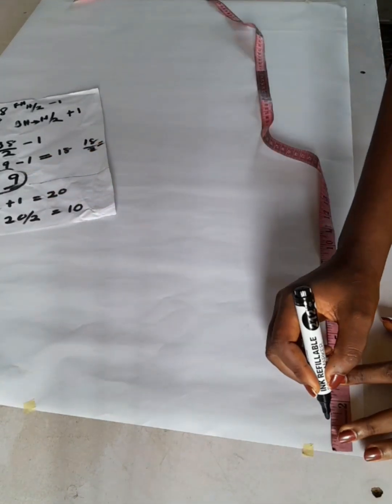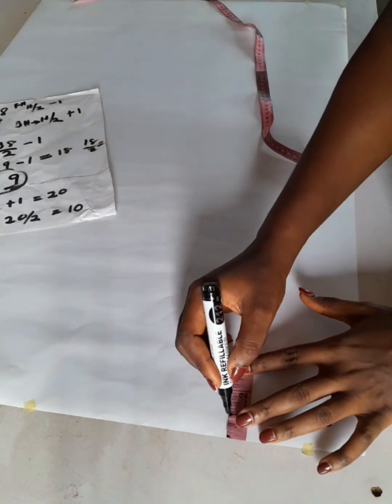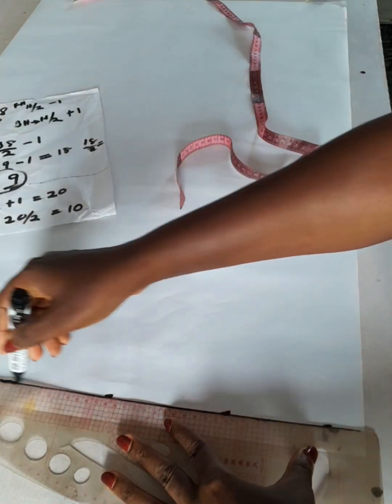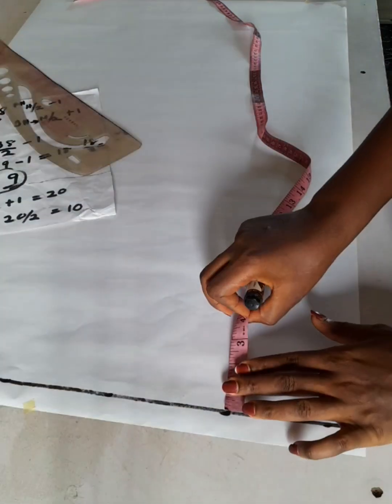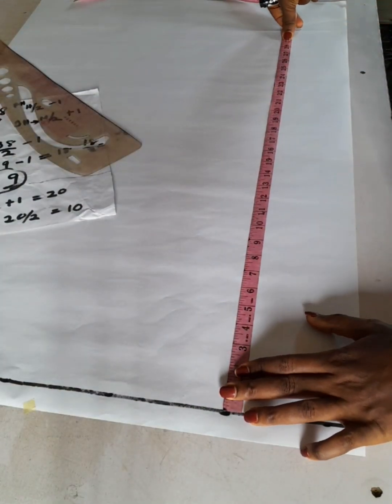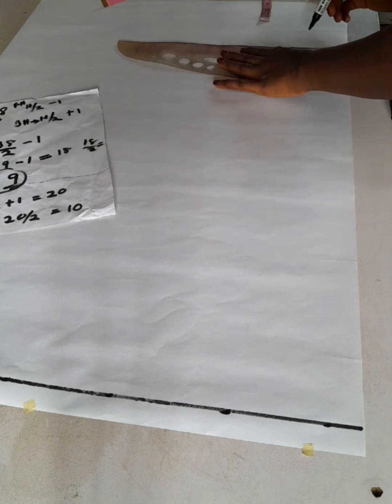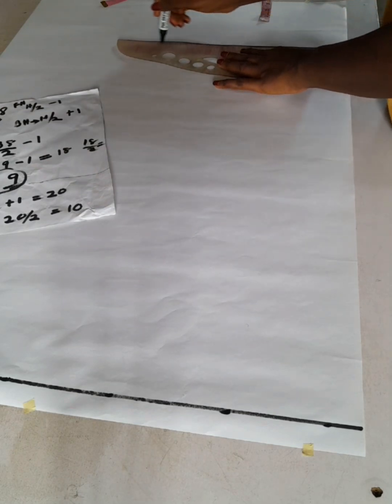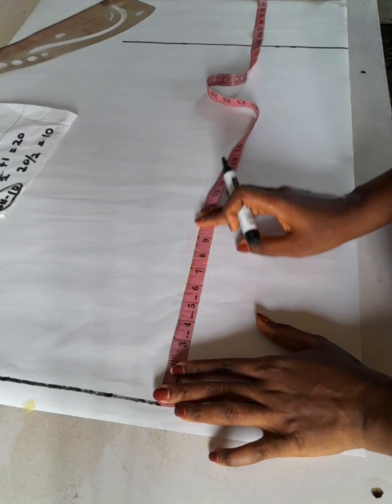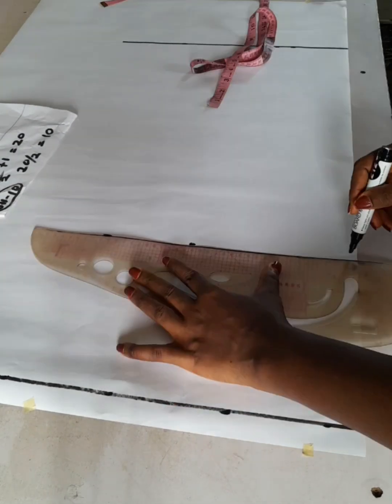For the starting points, mark 1 inch each side. Mark the length of the skirt, which is 28. The hip length for this person is 8.5.